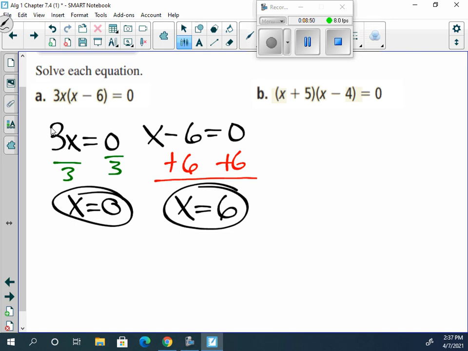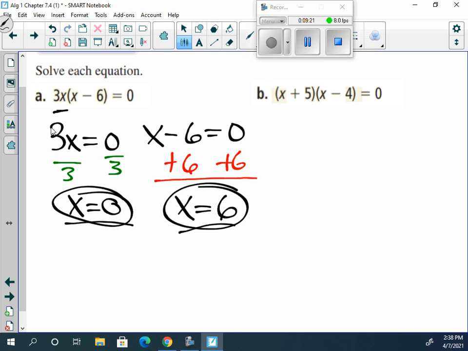So the only thing we can change is x. Now here it works, but over here x plus 5 and x minus 4. That this here is the right one? This and this, both of these are the right one.